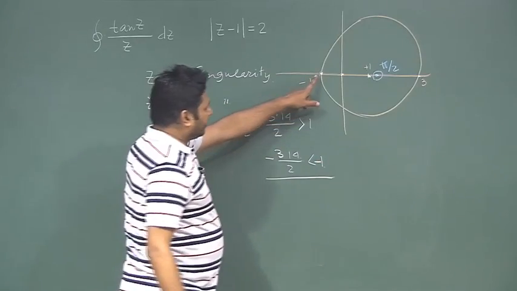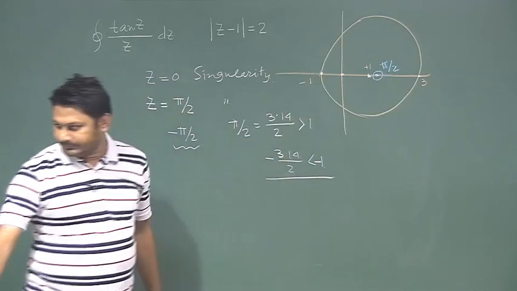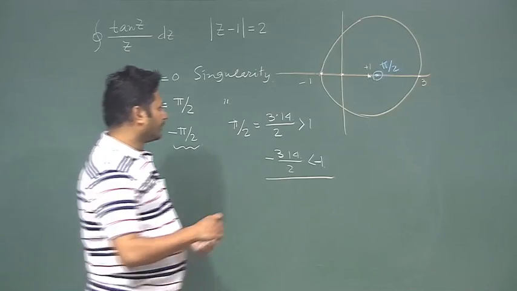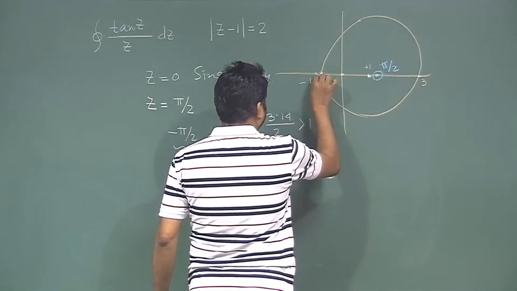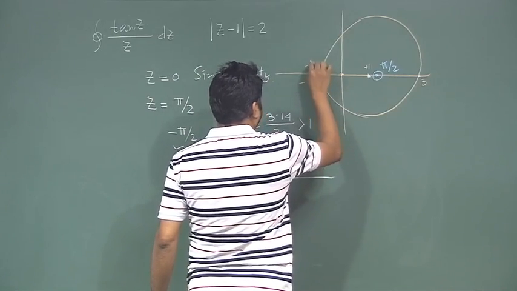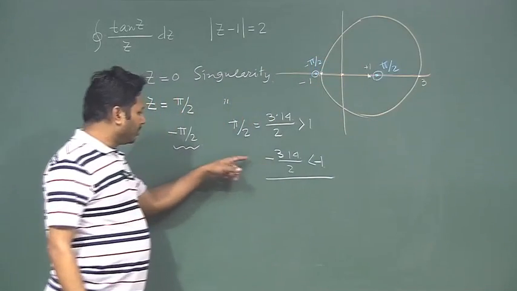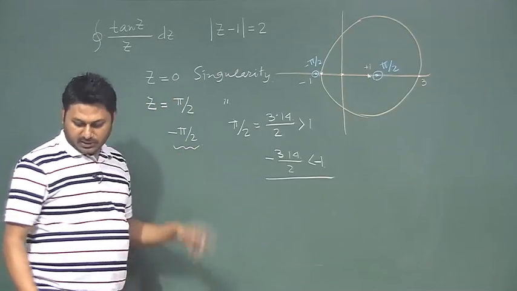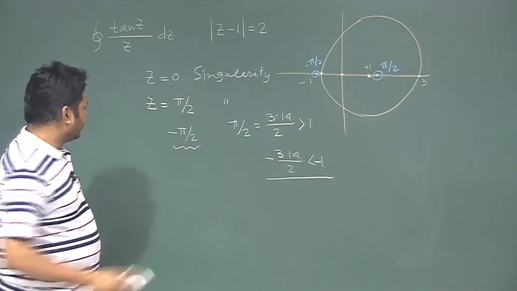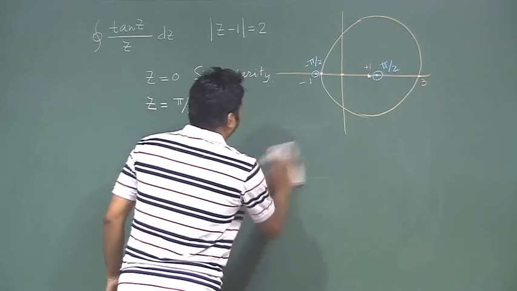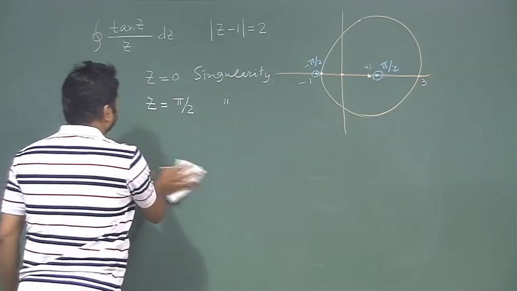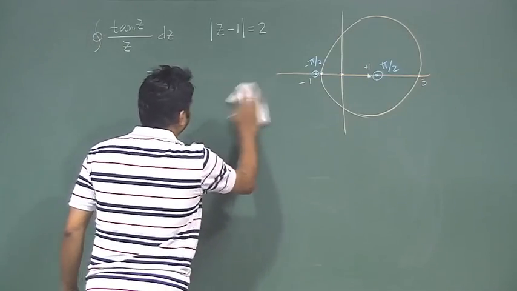That means this point is just outside here, minus pi by 2, just here. So I can exclude this minus pi by 2 point. Now I know where my singularities are, and all the other points will be outside, at least for this given contour. Now we are ready to calculate the residue.